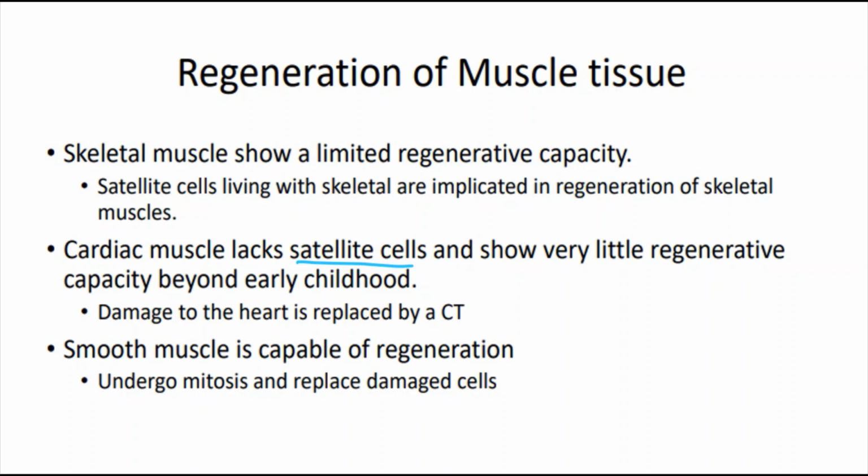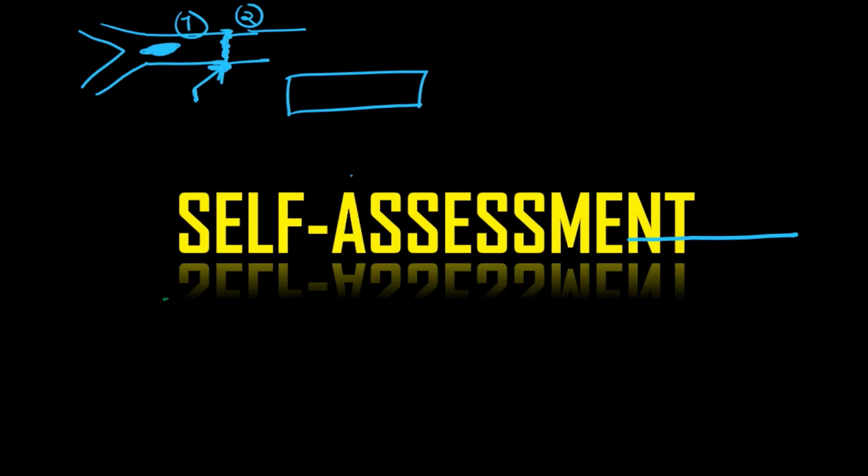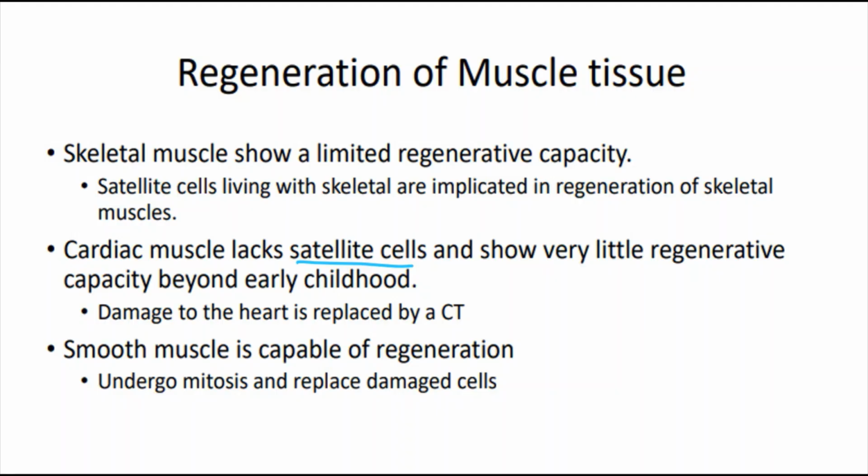When you damage your cardiac muscle cell, it is replaced by connective tissue, which will affect the contractility and relaxation capacity of the heart. Smooth muscle is capable of regeneration. It can undergo mitosis and replace damaged cells. So that's very important. Okay, that was a lecture.